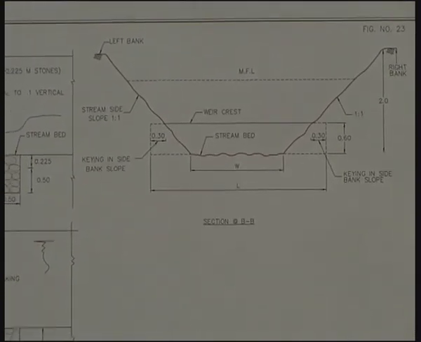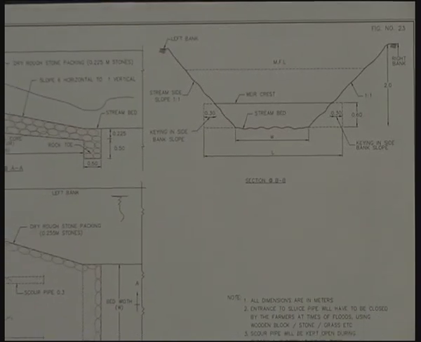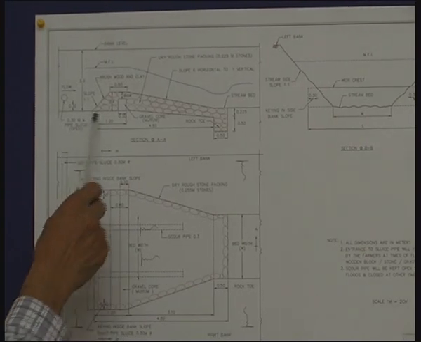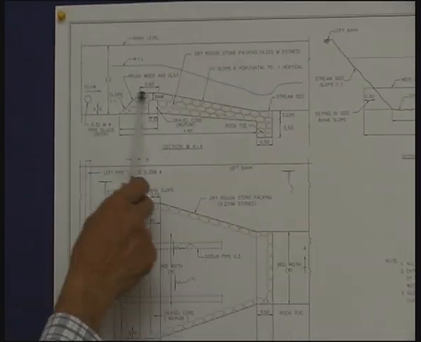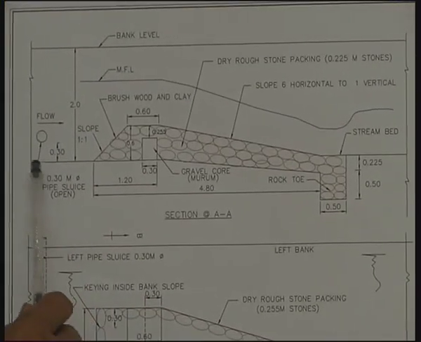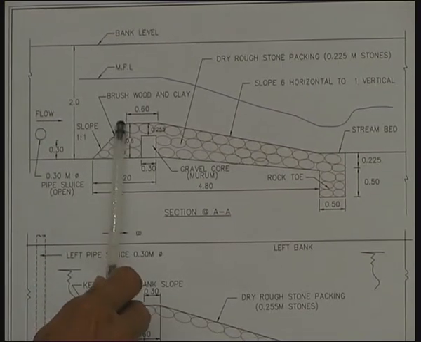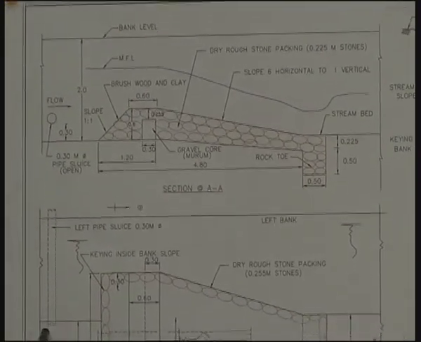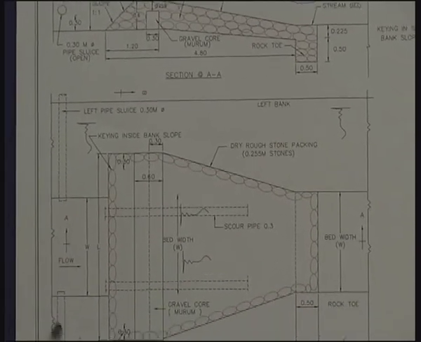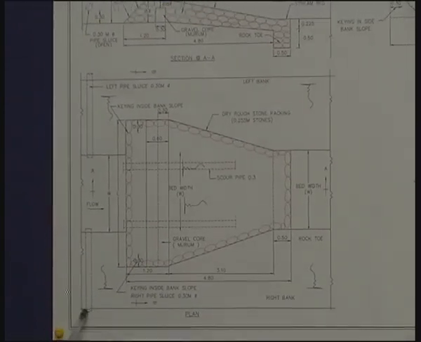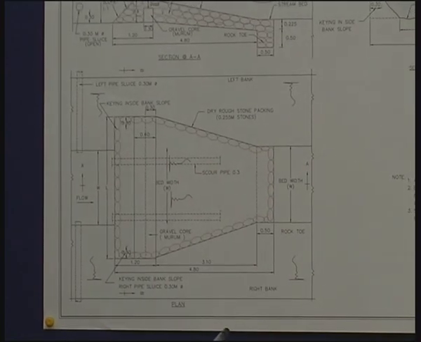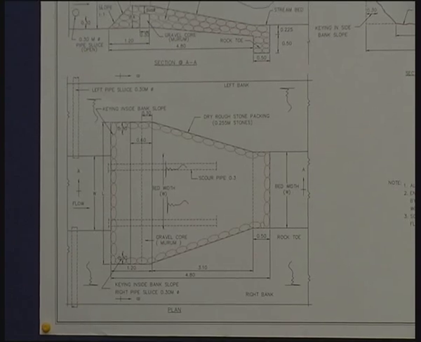Now, let us go into greater detail with regard to the structure. When an obstruction like this is there in the stream course, eventually it gets silted up to the top of the structure. So, therefore, there will not be a possibility to draw water when the whole thing gets silted up, because the drawal of water to the canals is through a left side pipe sluice and a right side pipe sluice, which is again taken off through an open excavated small canal.